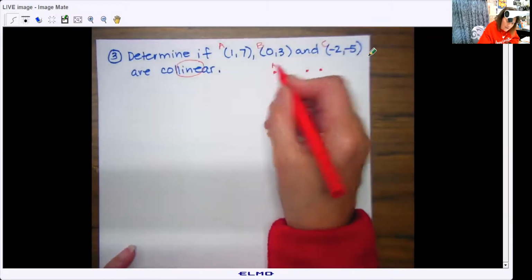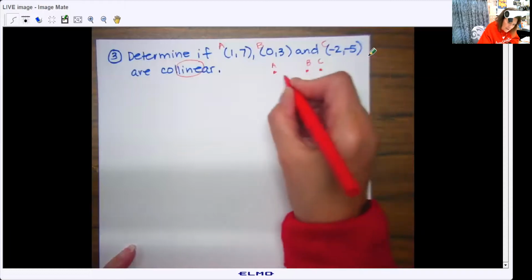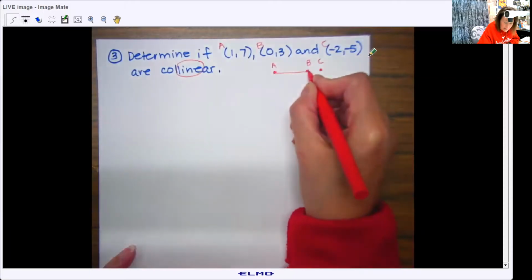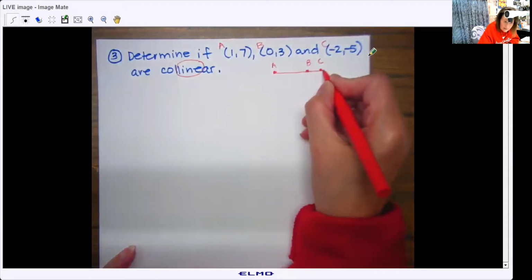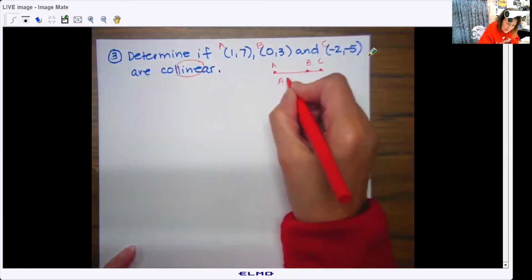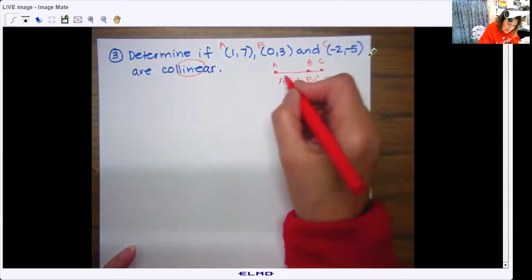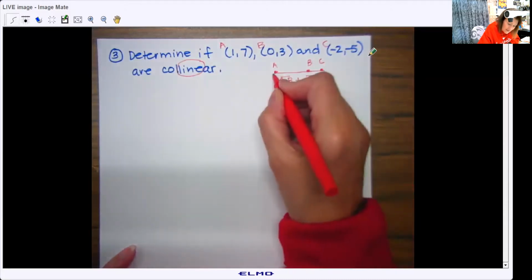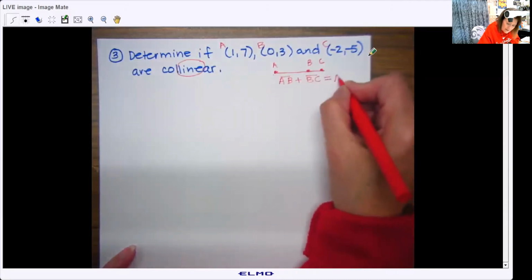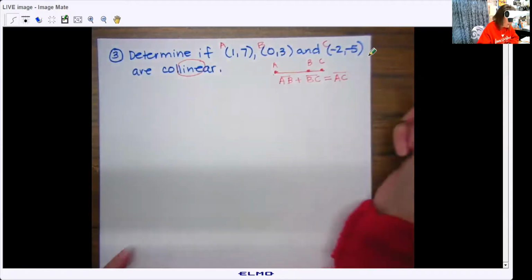If A, B, and C are on a line, and I found the distance AB and the distance BC, AB plus BC should exactly equal the distance from A to C. Okay?